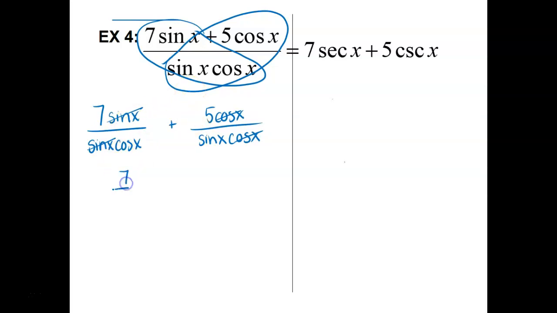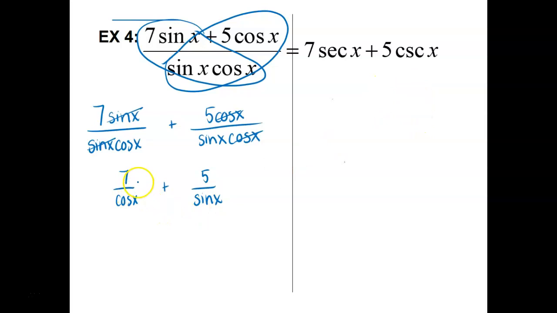And so that gives you 7 over cosine x plus 5 over sine x. So you could go over here and do the first step that we did whenever we were working on the right-hand side and change it to 7 over cosine x plus 5 over sine x.